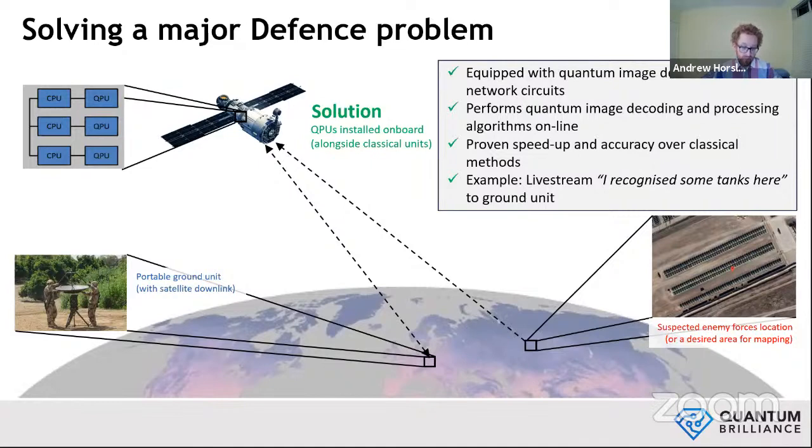This allows the troops to receive the data directly, rather than the data having to be beamed back quite slowly via a low bandwidth channel, get analysed at a centralised facility and then beamed back. So these are some promising applications that we're directly looking at. But as I say, there is a very broad range of applications, anything from ad tech to search and rescue.